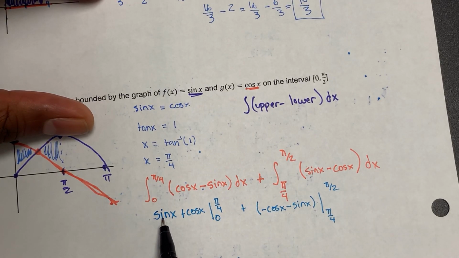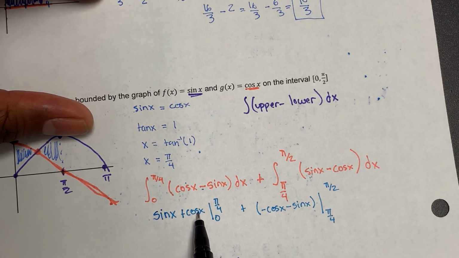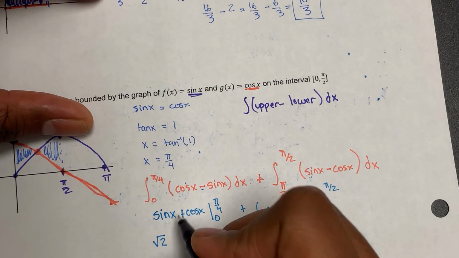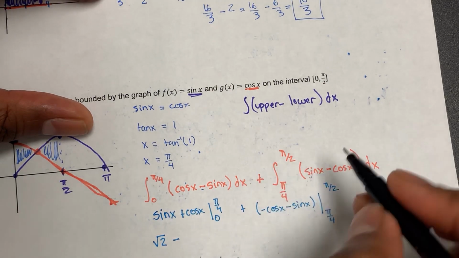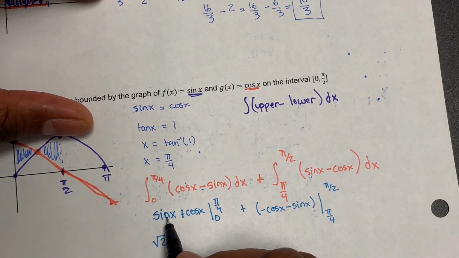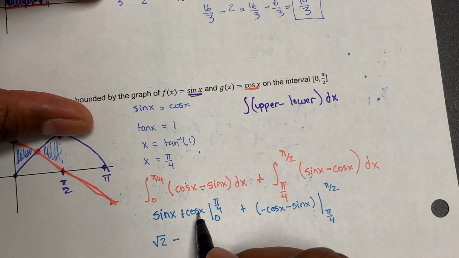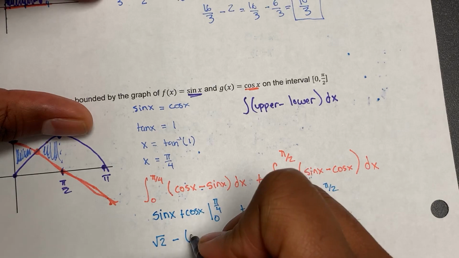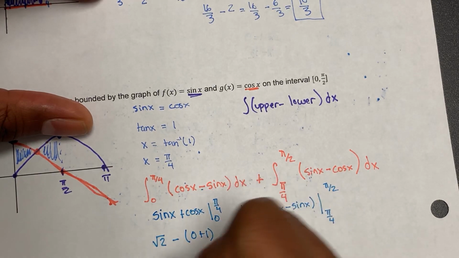The sine of pi over 4, square root 2 over 2. Cosine pi over 4, square root 2 over 2. So we end up with square root 2 minus the sine of 0 is 0. The cosine of 0 is 1. So what's this? 0 plus 1.